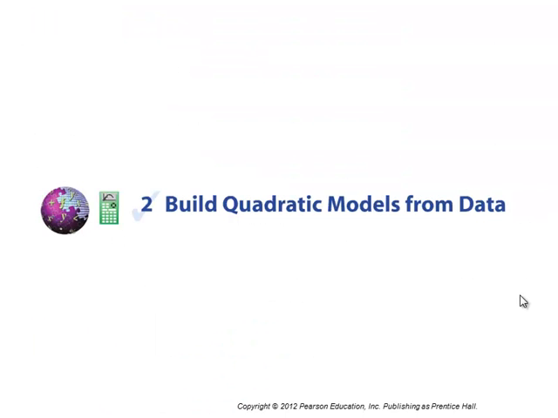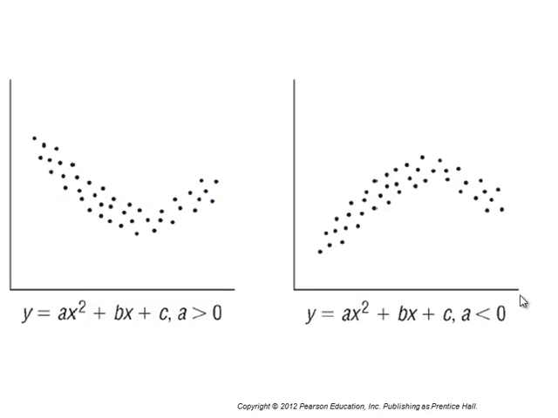All right, now let's talk about coming up with a regression equation, a second order polynomial in particular, which would model some data. What we're talking about is if you create a scatter plot and your data looks like this, or like this.